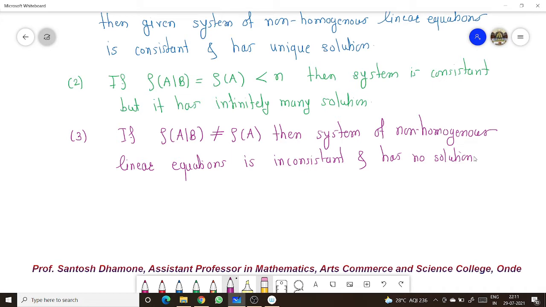This is the matrix of solution, that means the constants of the RHS: 1, lambda and lambda square. This is the system of linear equations in matrix form.